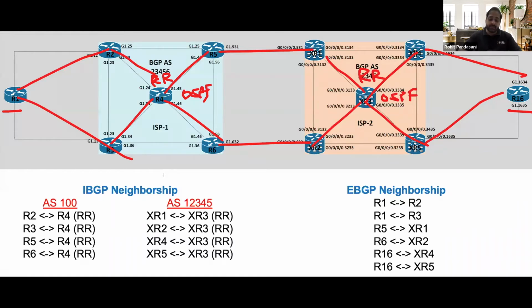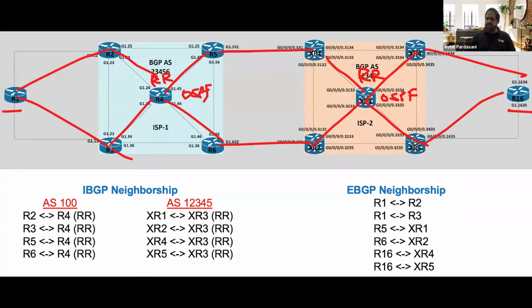So 3 hops are there if I go through router 2. The first hop is AS 100, so this is not 12345 or 23456. If it goes through router 2, its first hop is this AS, the second hop is this AS, which is ISP2, and the third hop is router 16. If it goes through R3, again, it's 3 hops away. So the AS path hop count is the same.